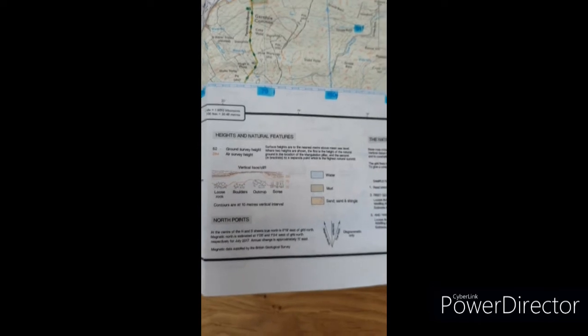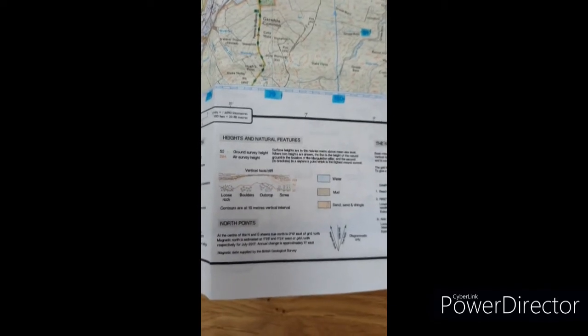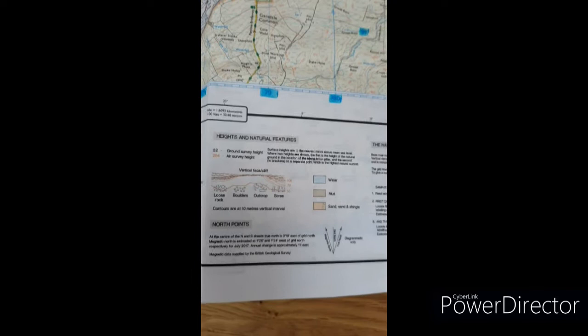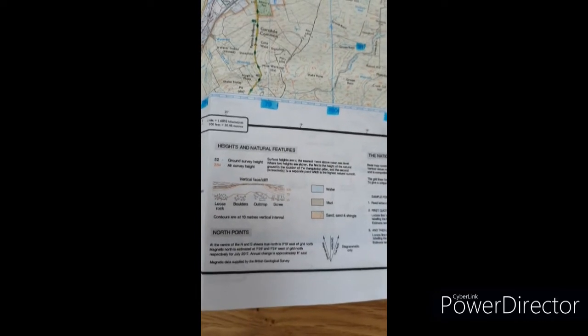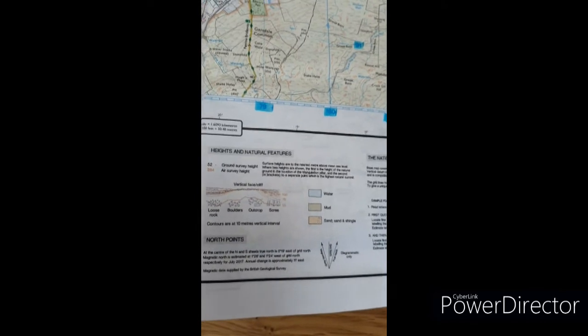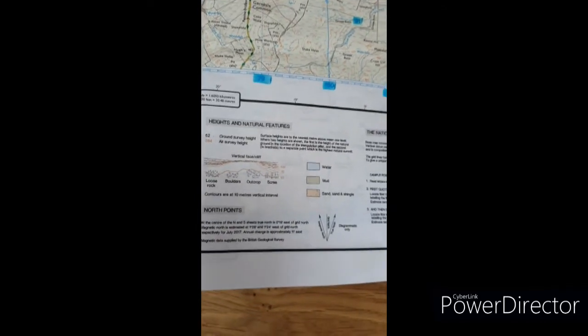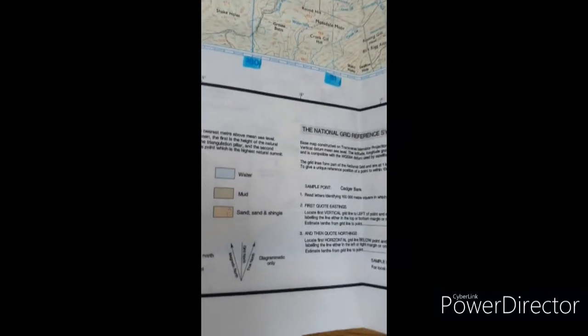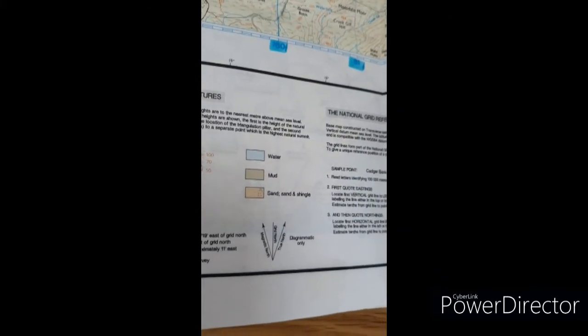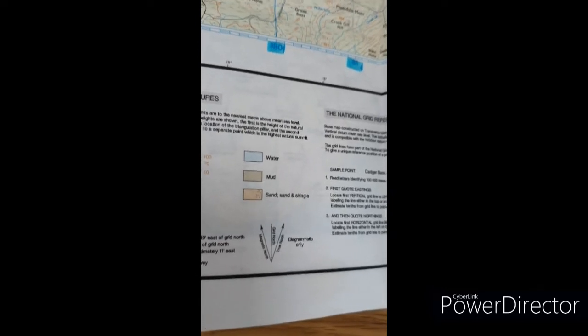Then some descriptions about heights and natural features, relief, so you can see what you're getting yourself into, especially in more mountainous areas. Got your northern points. All maps by OS are drawn with grid north being straight up.